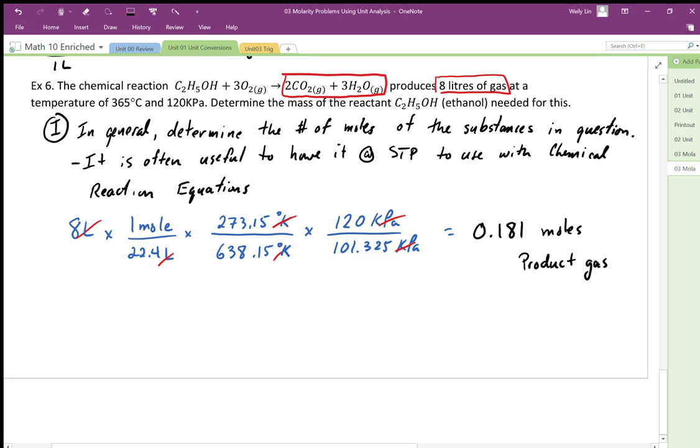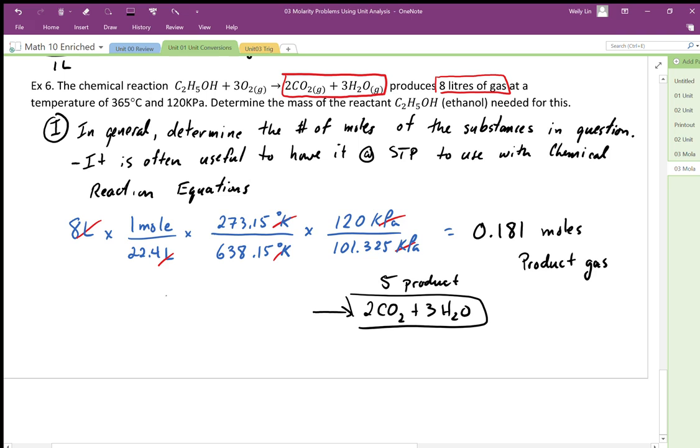So if we take a look at this product, we have 2 CO2 plus 3 H2O. That's on our product side. This has a net of 5 units of product. Now what I really am interested in is actually the ethanol on the other side of the equation.